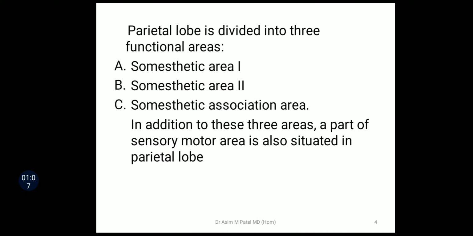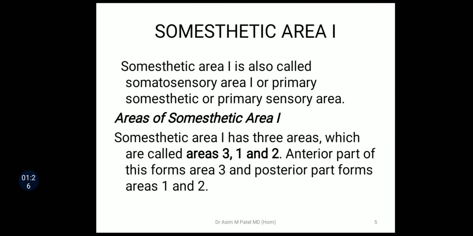Parietal lobe is divided into three functional areas: somesthetic area 1, somesthetic area 2 and somesthetic association area. In addition to these three areas, a part of sensory motor area is also situated in the parietal lobe. First is somesthetic area 1.